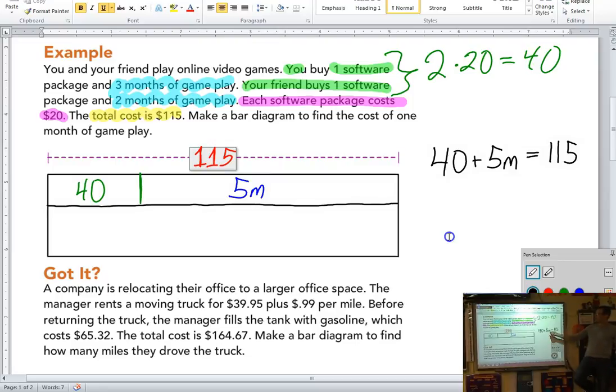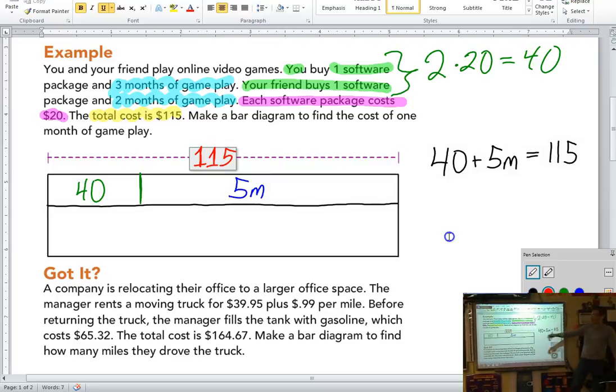But I set this up like this on purpose for a reason. What is it that we want to subtract? The 40. A lot of people will make the mistake and say, oh, the 5 is after the addition, that's what I want to subtract. But that is not at all true.